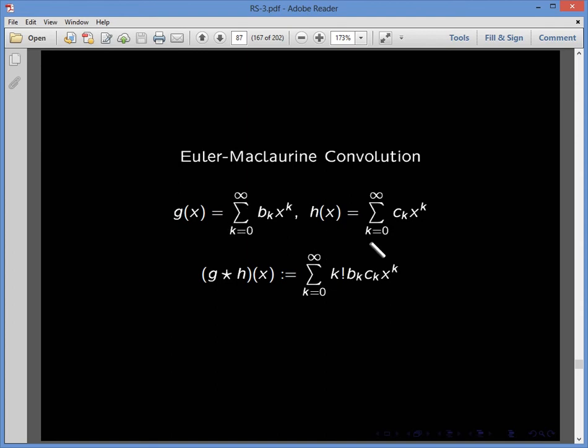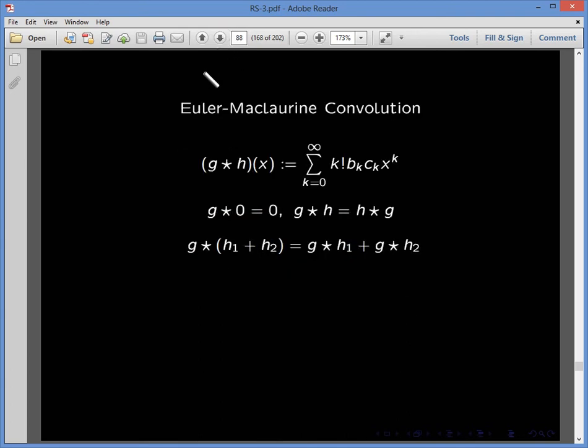So we're only considering these things such that this is a convergent series. But again, we can look at it as a formal power series, and then there is no problem defining things like this. Because the operation is defined as multiplying coefficients, it behaves just like another multiplicative operation.